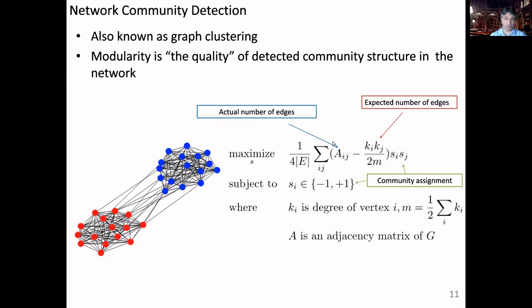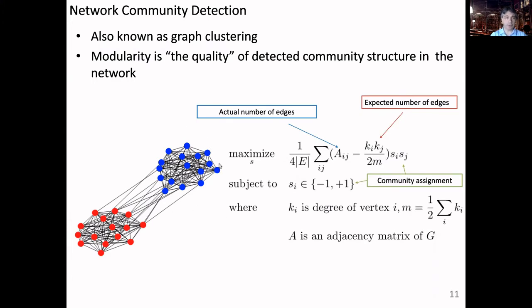Here A is the adjacency matrix of a graph, and Ki and Kj are the degrees of nodes i and j respectively. This is the expectation for the number of edges in the random graph. And the binary variables are the community assignment variables. So -1 points to, say, the red community, and +1 points to the blue community.